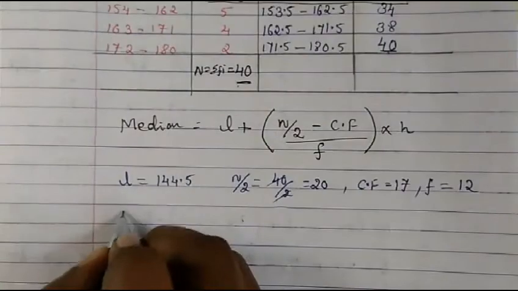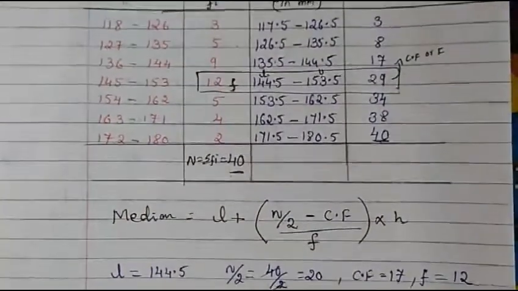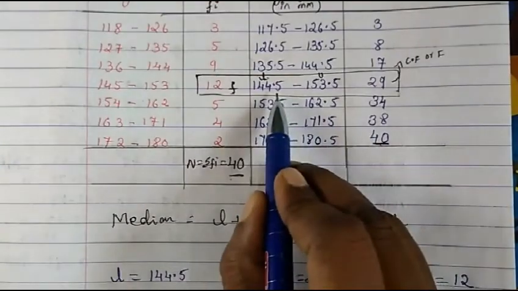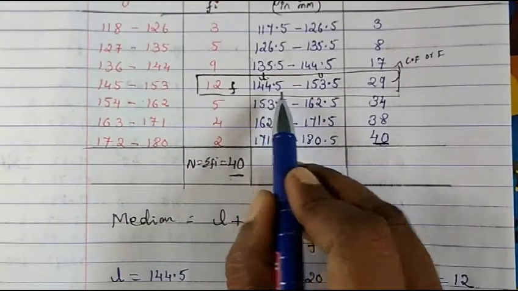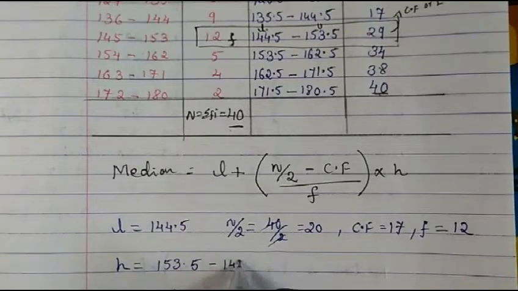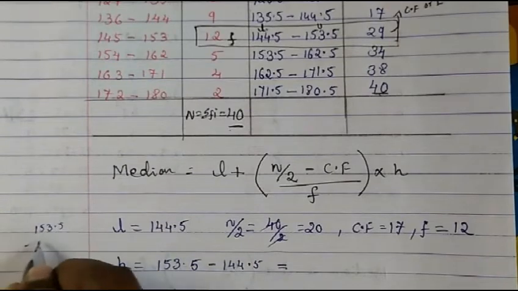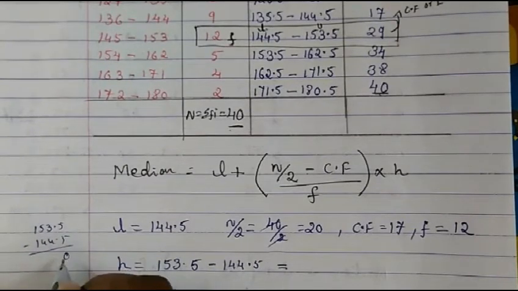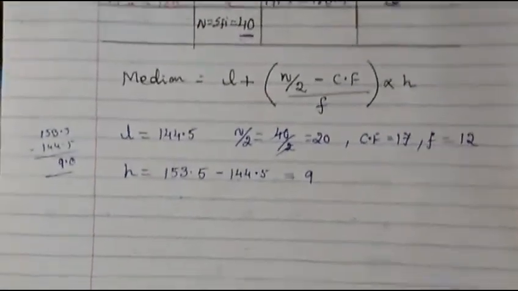Then h is class interval, upper limit minus lower limit, which is 153.5 minus 144.5. That will give us 9. So we have all the values.